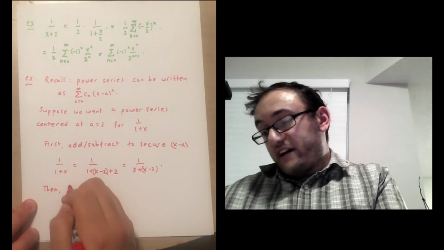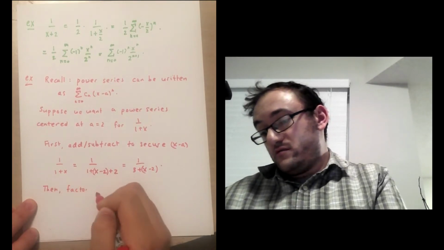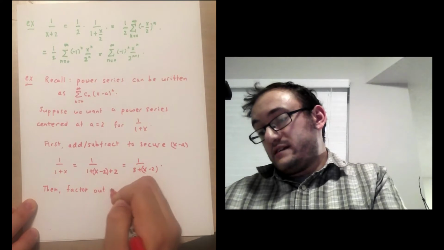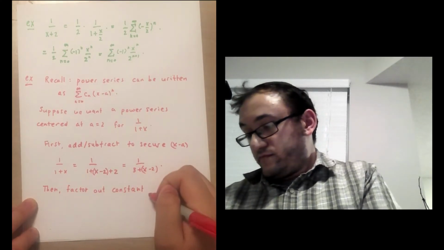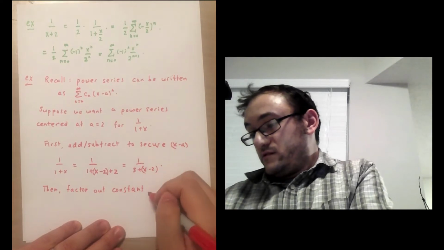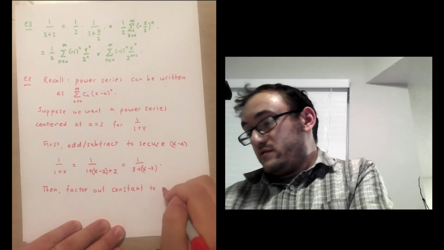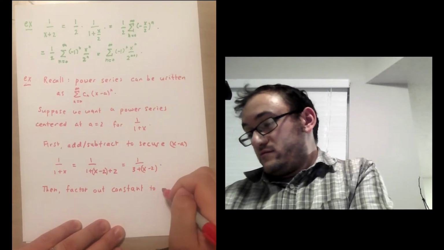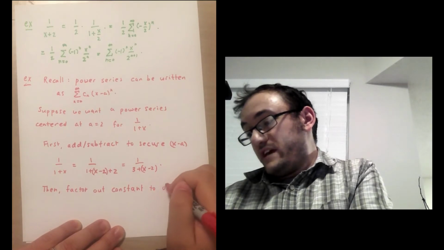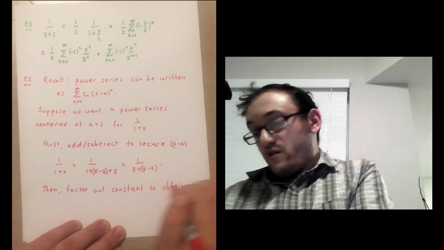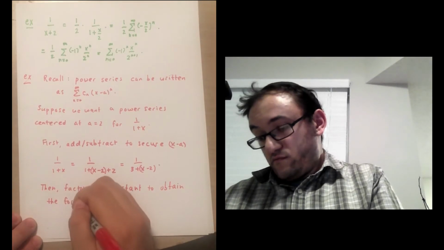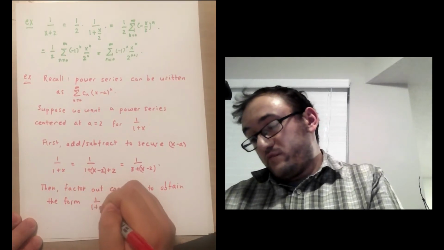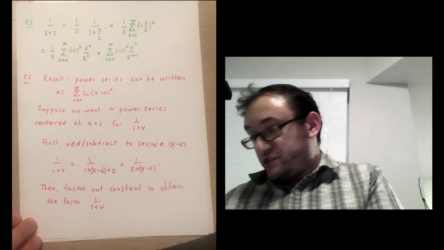Well, we can then factor out a constant to obtain the form 1 over 1 plus u, where u is some expression.